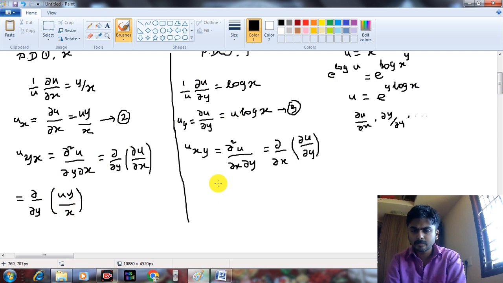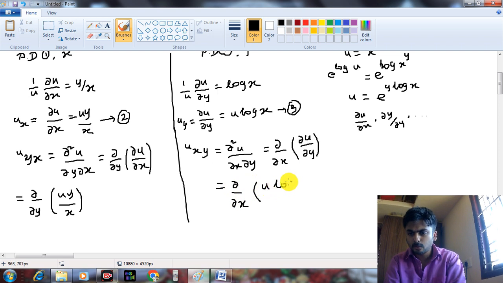Here ∂/∂x of the value of ∂u/∂y, which is u log x.